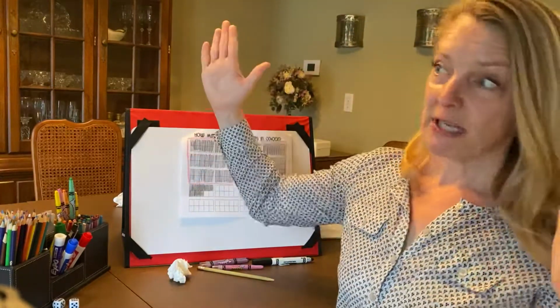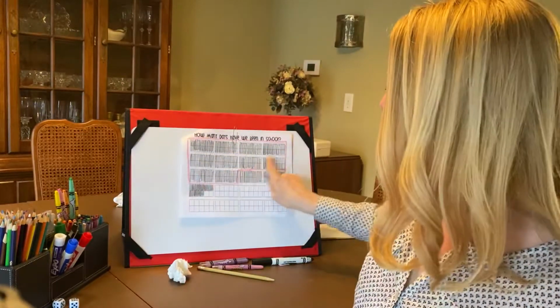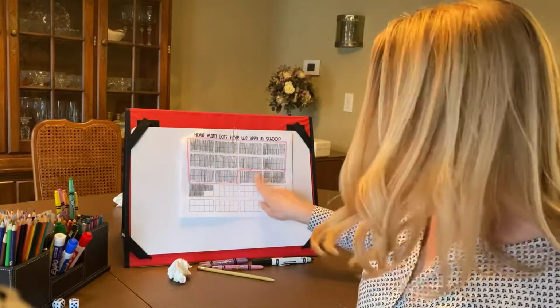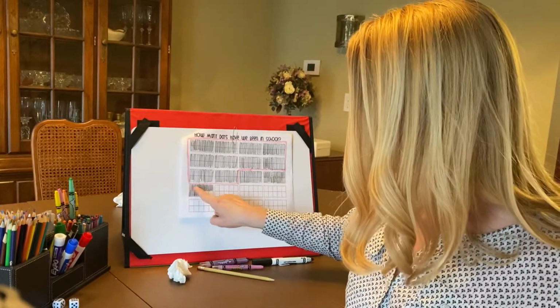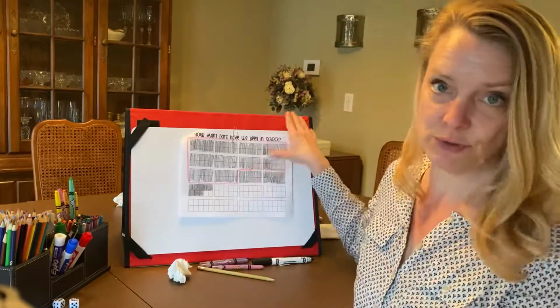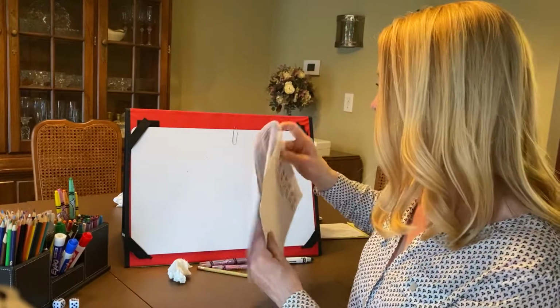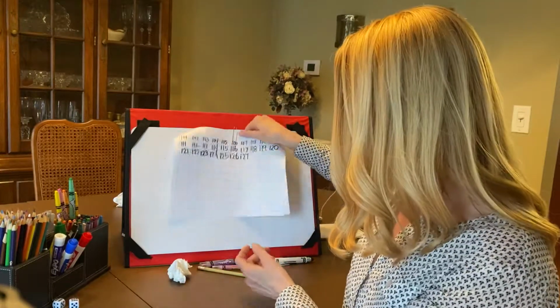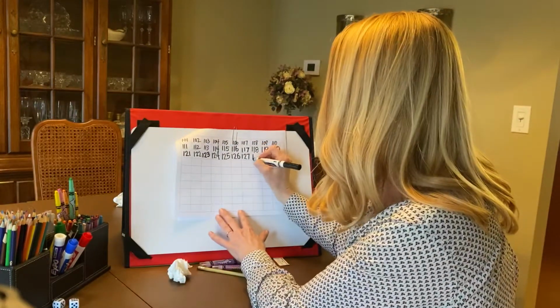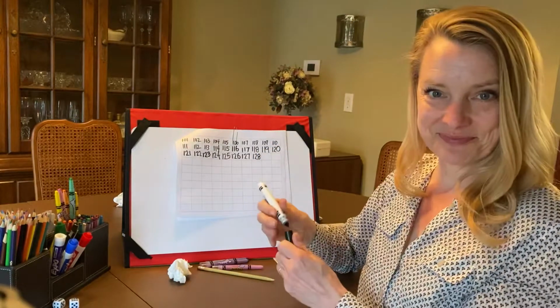You start with your biggest group, go to the next biggest group, and then go to the smallest group. So we've got one big group of 100, 2 tens, and 1, 2, 3, 4, 5, 6, 7, 8 loose ones. 1 hundred, 2 tens, 8 loose ones.